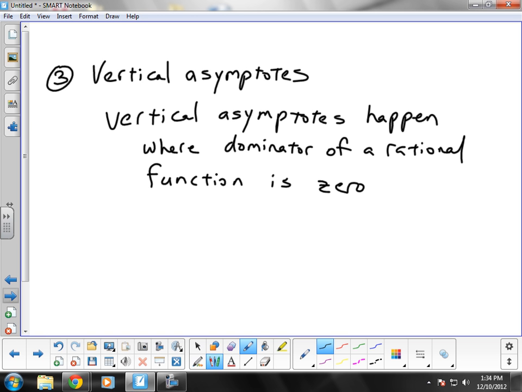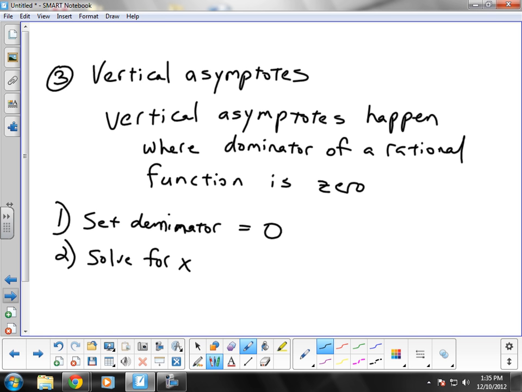Okay, does everybody understand? That's where it comes from. So the process for finding the vertical asymptotes is almost exactly the same. Step 1, we set the denominator equal to 0. And in step 2, solve for x. Set the denominator equal to 0, then solve for x.